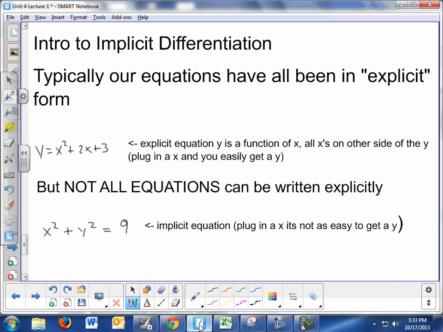No room for confusion. Y is equal to x's being manipulated. Simple. Functions are in explicit form. Okay? Not all equations can be written explicitly. This is not a function.